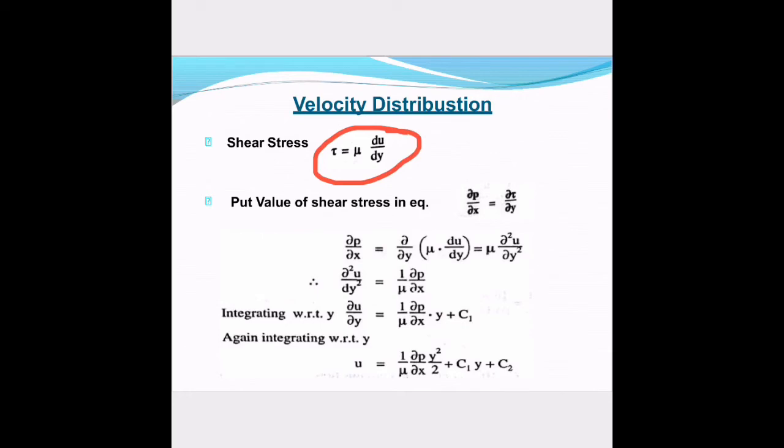So what we have to do, we have from equation 1, del p by del x equal to del tau by del y, isn't it? So in equation 1, in place of tau, you just put this value.